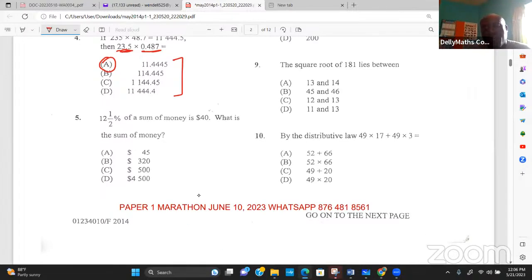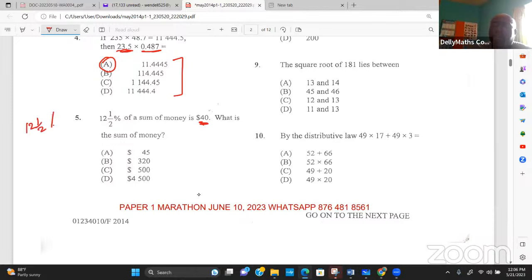Question 5 says 12.5% of a sum of money is 40. What is that sum of money? Sometimes 12.5% is kind of hard to work with.